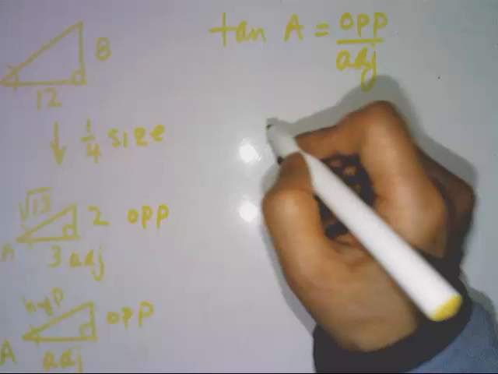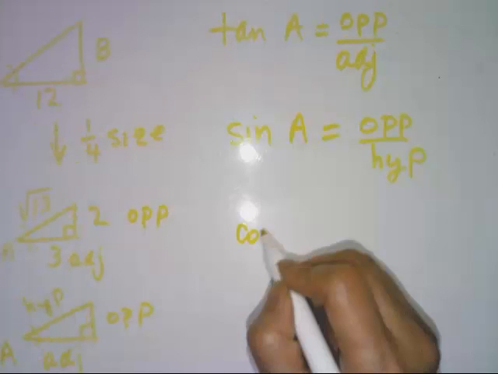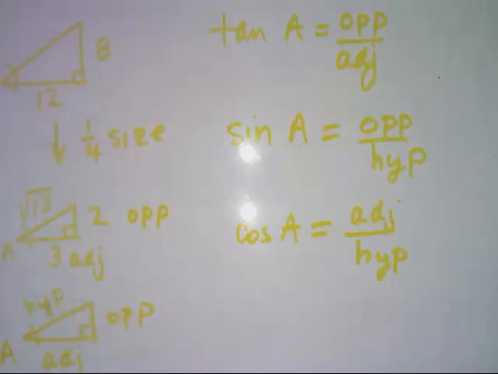Now let's define the other trig ratios. The tangent ratio is the opposite over the adjacent side. Well, we can do another combination where we take the opposite side and divide by the hypotenuse. We call this ratio the sine ratio. If we choose to take the adjacent side and divide it by the hypotenuse, we have now defined the cosine function.